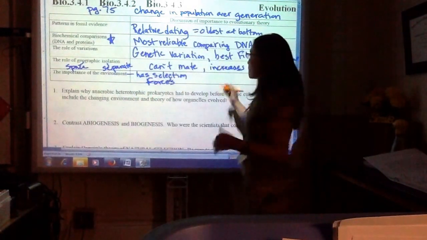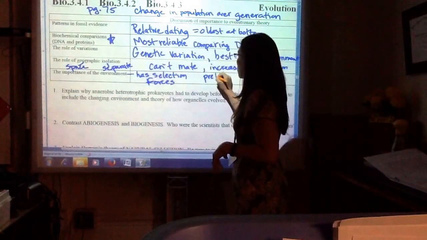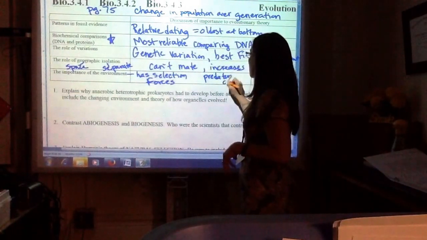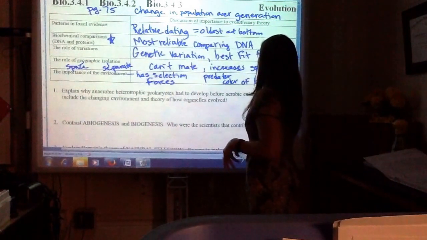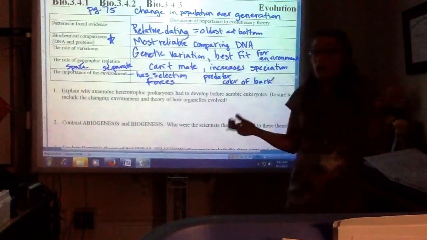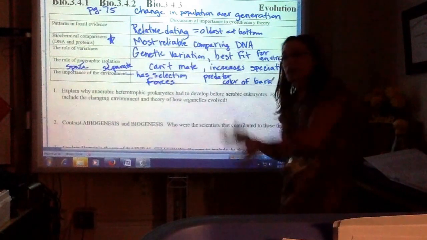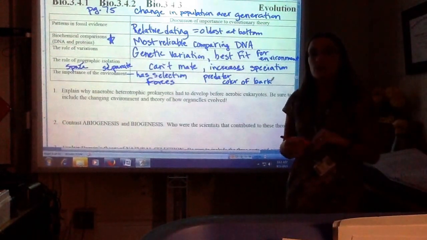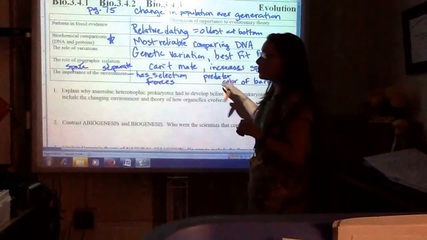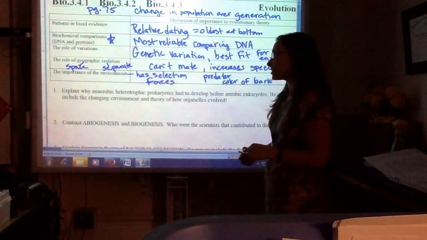This might be something like a predator. It might be something like, remember the moths and the color of the tree bark? The dark moths were not successful on the white tree bark, but when they put them in a different environment, they were successful on the light tree bark. So the environment is really important. It is the selection force.